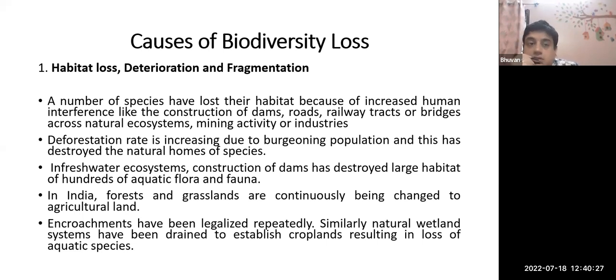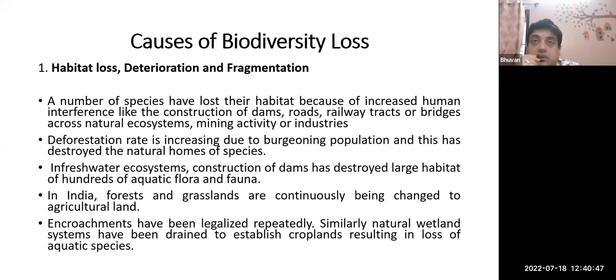The first one is habitat loss, deterioration, and fragmentation. As we see human beings' footprints marching on the earth, we see a reduction in the natural habitat of most wild animals.